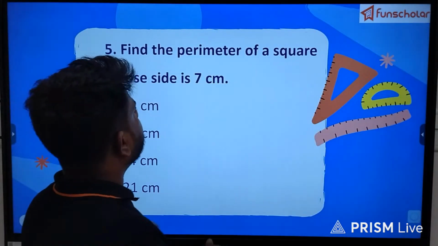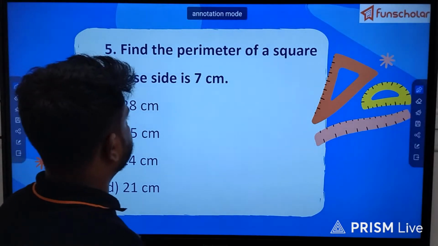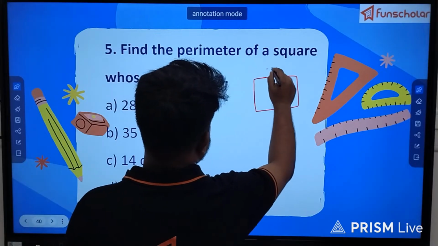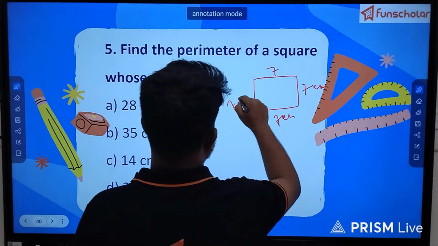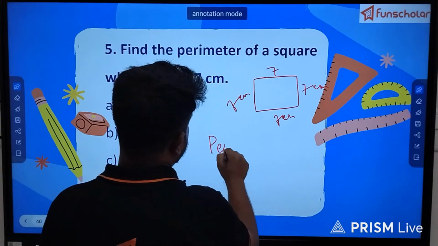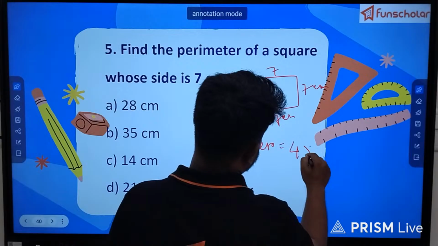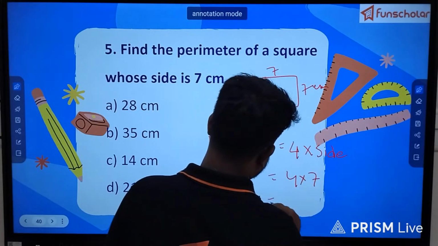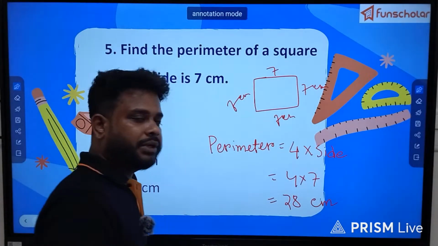The next one: find the perimeter of a square whose side is 7 centimeter. So we have to find the perimeter of a square whose sides are 7 centimeter each. For this case, the perimeter will be 4 into side, and it will be 28 centimeter.